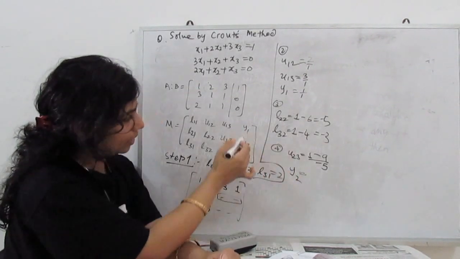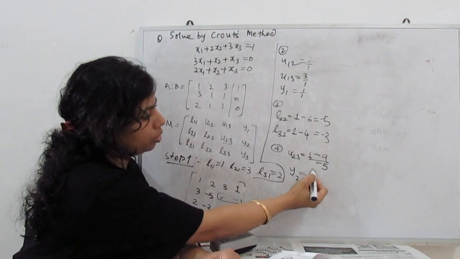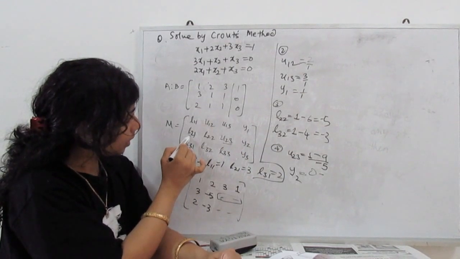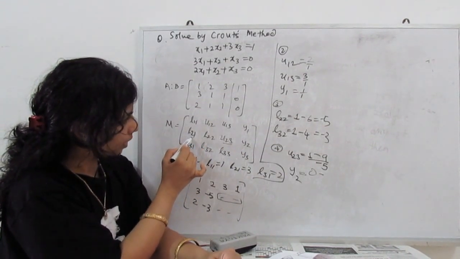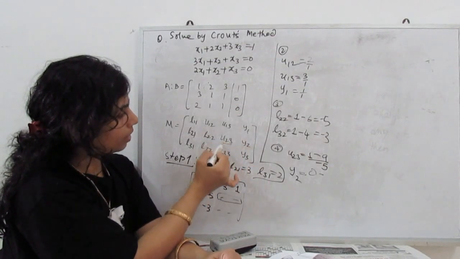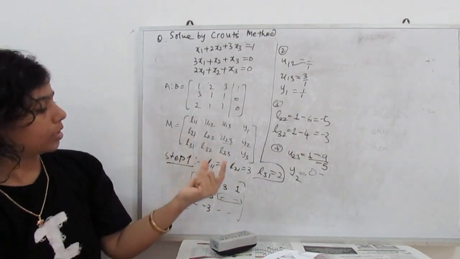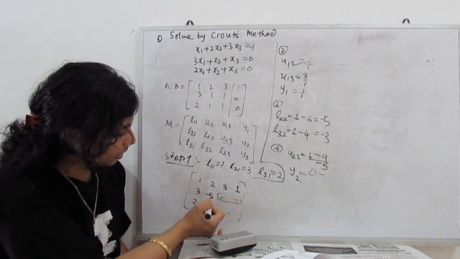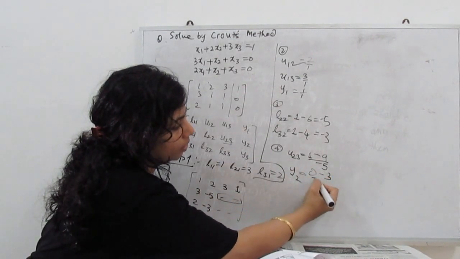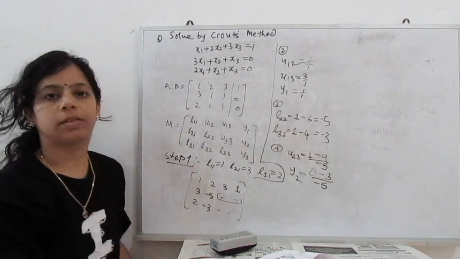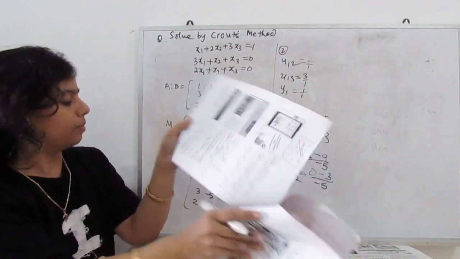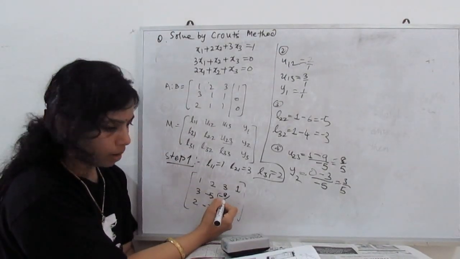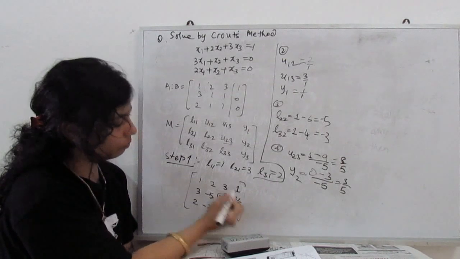So Y2 is B2, which is 0, minus this times this divided by this. So we can see this element is 3 times 1 divided by minus 5. So 3 times 1 is 3 divided by minus 5. Clear? So these elements will become minus 8 by 5 and 3 by 5.